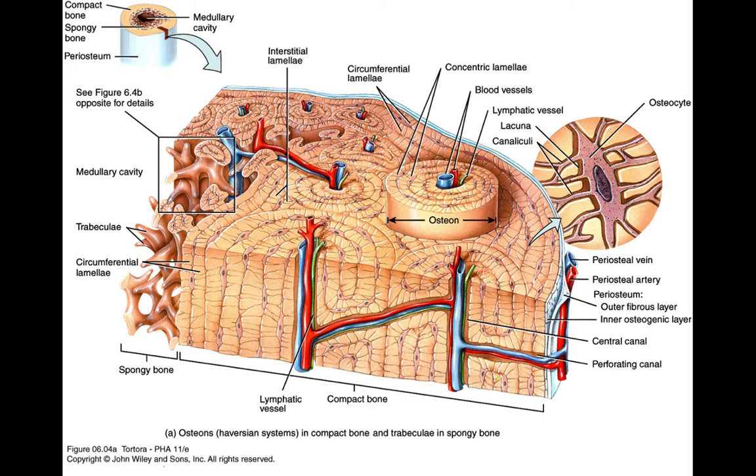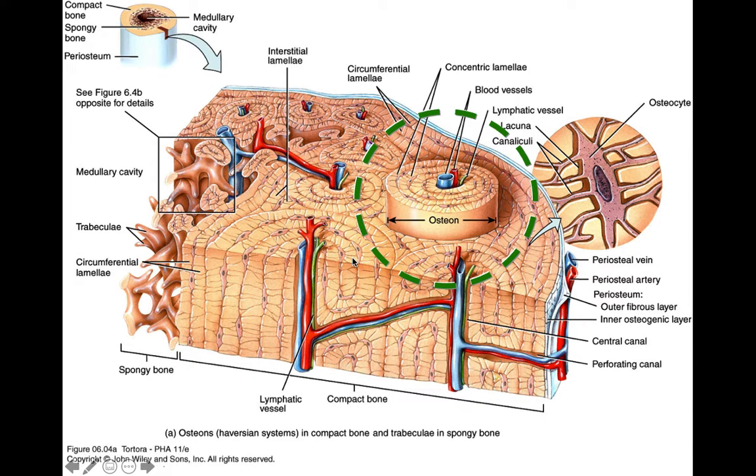Then we look at the actual compact bone. The major part of your compact bone is this osteon. This is the load bearing. This is the actual construction, how your compact bone is so strong. As you can see, it's a bunch of these little circles of compact bone.